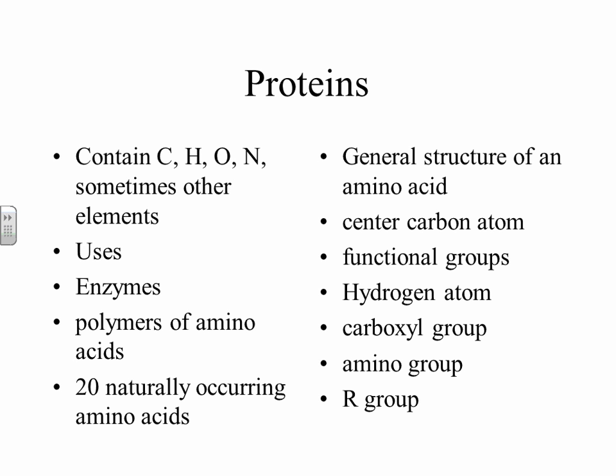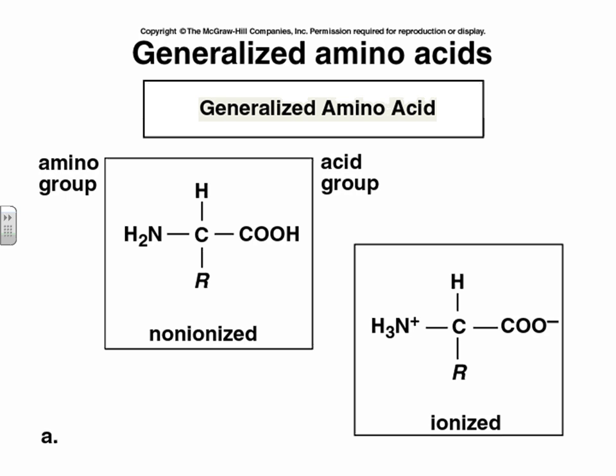You've got to be able to draw an amino acid, remembering that all of that is exactly the same in every amino acid. The part that's different is this part down at the bottom. So let's look at a couple of pictures. So, amino acids found in living things, does that mean like 20 different ones? 20 different kinds of amino acids.